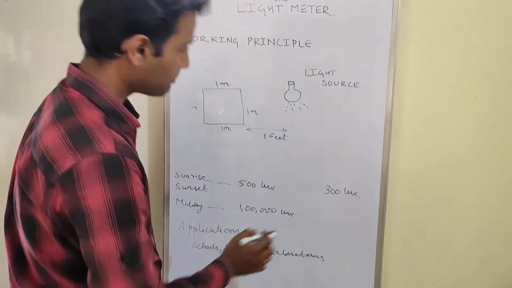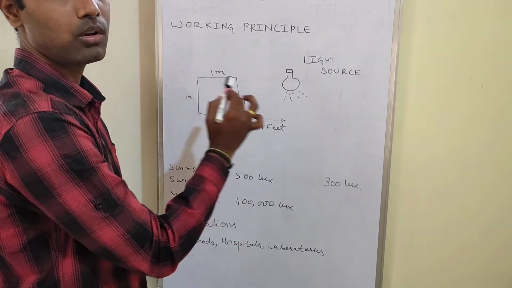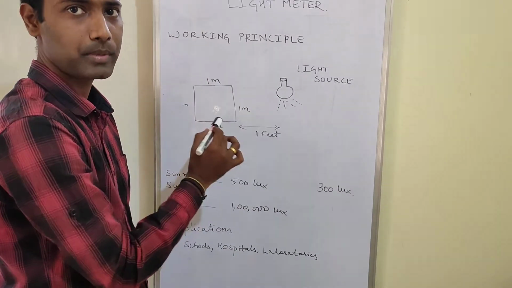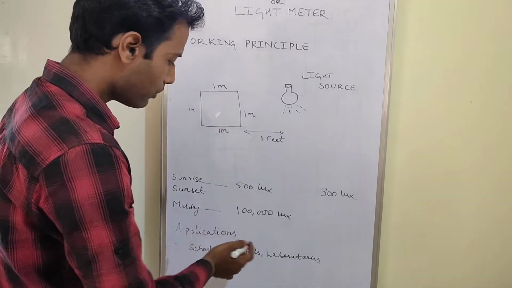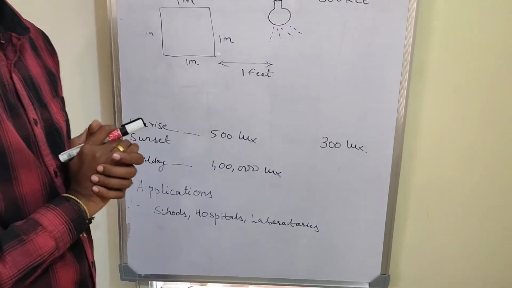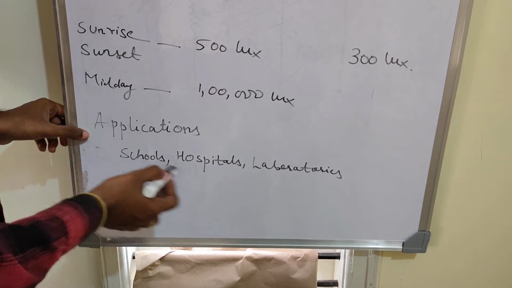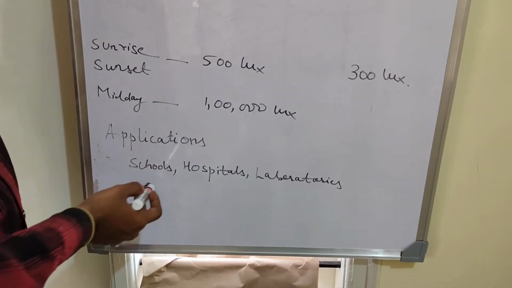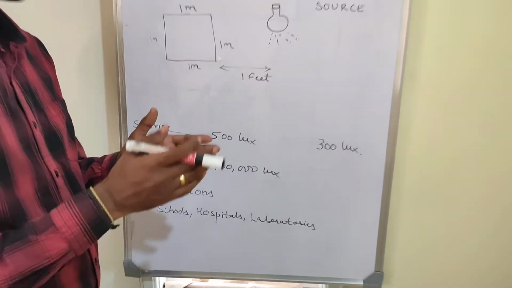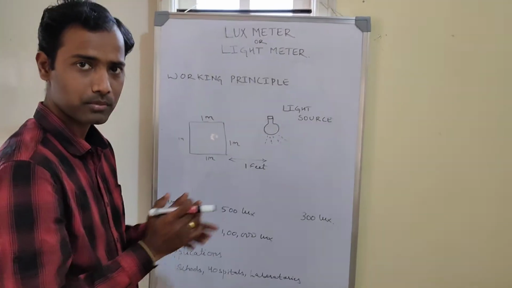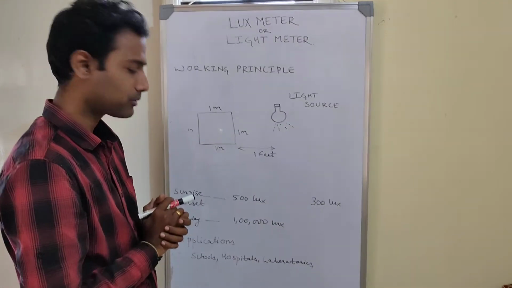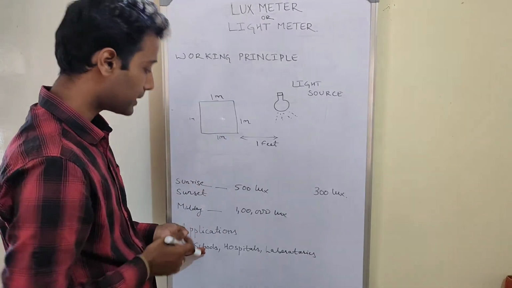So this is the overall concept of the lux meter or light meter. Now we will see some of the applications of this meter. The main application areas are schools, hospitals and laboratories. In schools, the lux meter is used for carrying out some physics practical experiments.